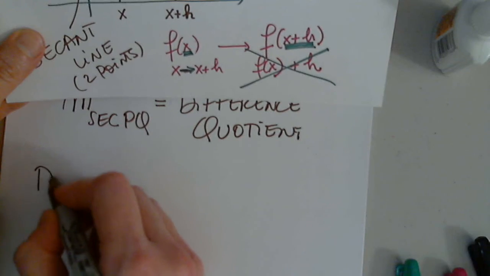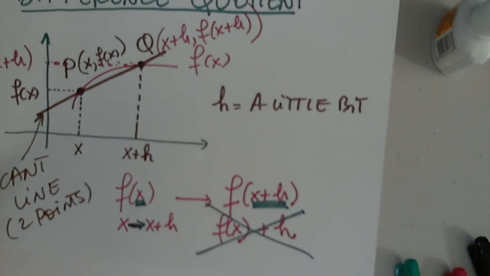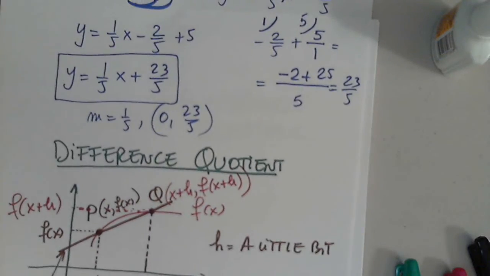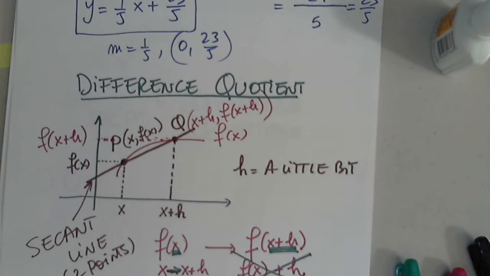Can anyone give us the slope of the secant line? Can anyone dictate? Let's say Mickey. The slope of line PQ.